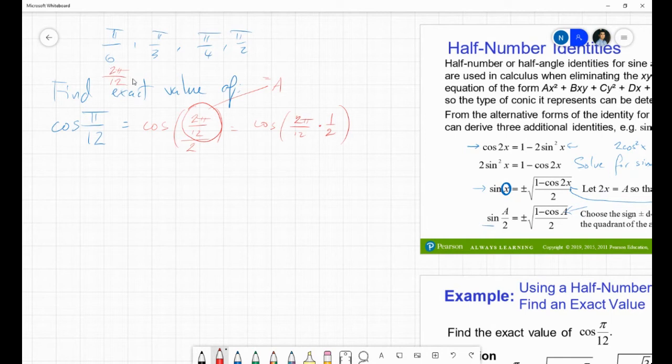Okay, so if we want to use our half angle for cosine, we have plus or minus the square root of 1 plus cosine a over 2. And a here is pi over 6 or 2 pi over 12. So just plug it in.